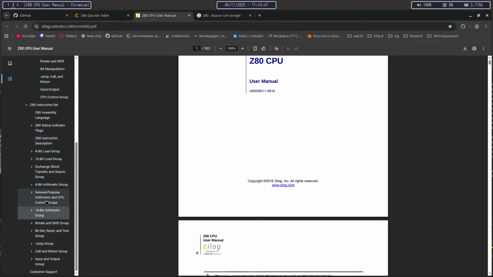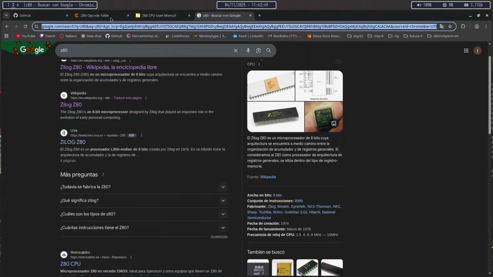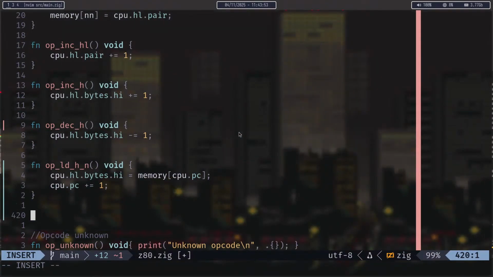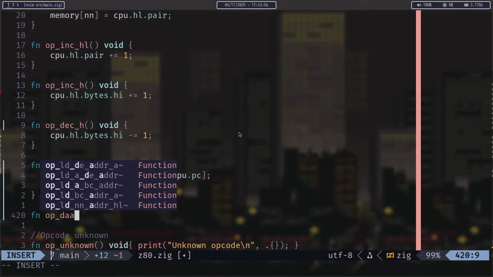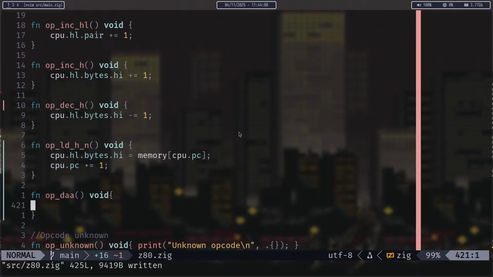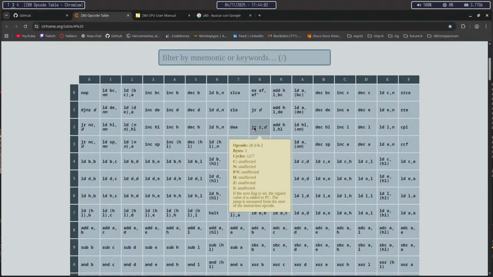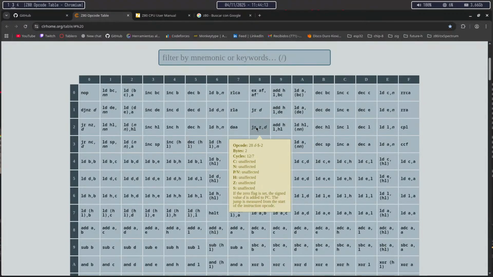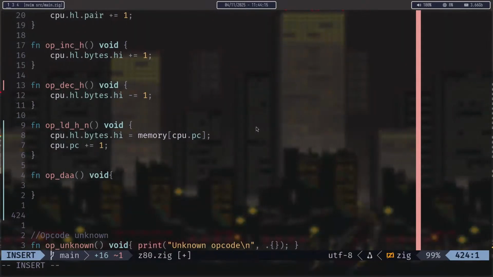I mean, what is even the group of this instruction? Goodness, alright, I'm just gonna ignore this at this point. DAA. Isn't this the same? Okay, if the shift flag is set, okay.